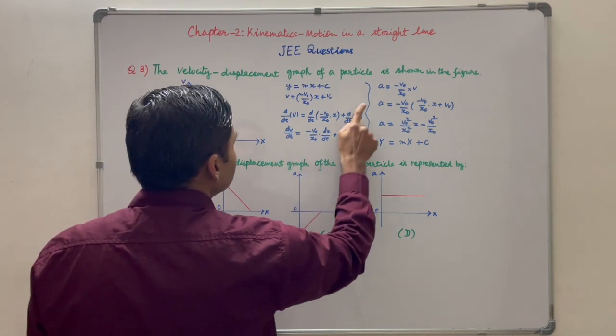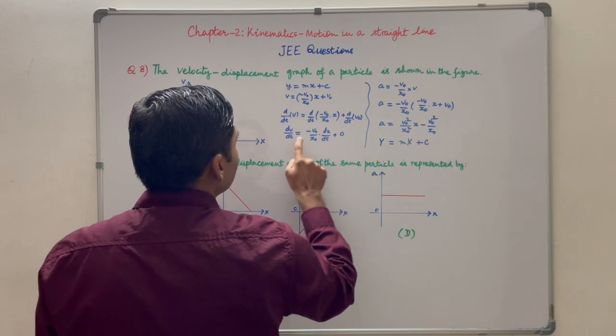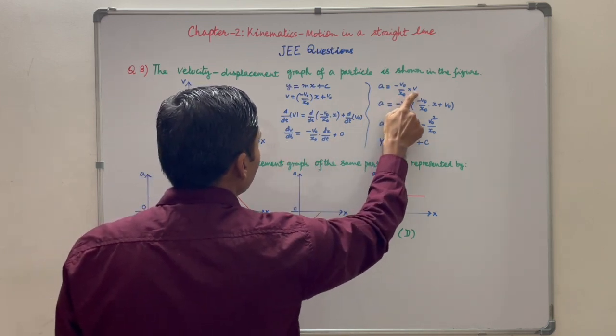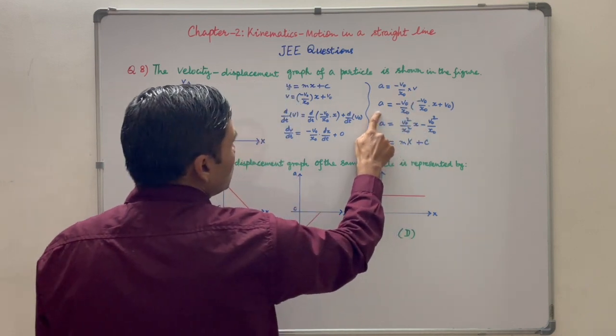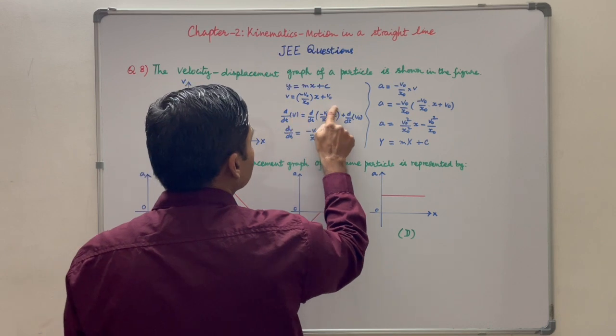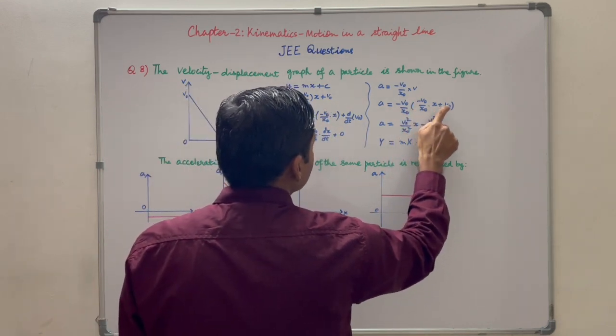Now dv by dt is equal to a and dx by dt is equal to v. So a is equal to minus v0 upon x0 v. In place of v, we can write this. So that is equal to minus v0 upon x0, x plus v0.